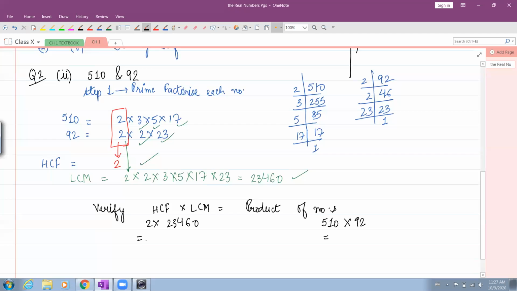The product of the HCF and LCM is 46,920, and the product of the numbers I think should be the same. It is also 46,920. Right? So as you can see, the two answers are the same. So you can write down, hence it's verified.